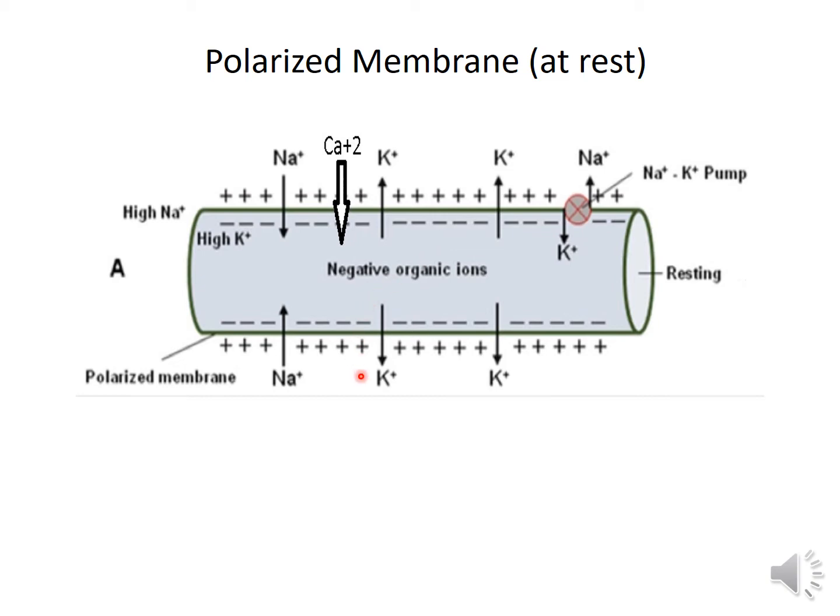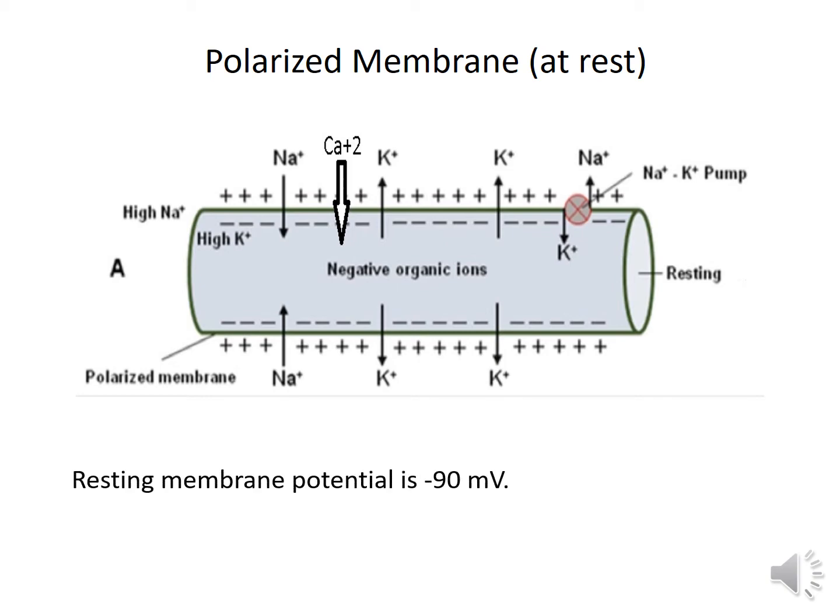But the concentration of potassium is higher on the inner side as compared to outside the membrane, and thus the gradient of potassium is always from inside the membrane towards outside. So whenever potassium channels open, what happens? Cations move from inside the membrane to outside, and that results in repolarization or hyperpolarization of the membrane.